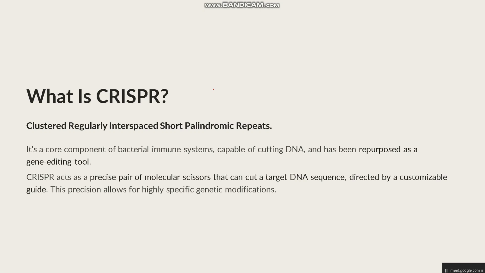So let's start with CRISPR. The introduction of CRISPR. The full form of CRISPR is clustered regularly interspaced short palindromic repeats. It means that there is a sequence that is regularly clustered, interspaced short palindromic repeats.